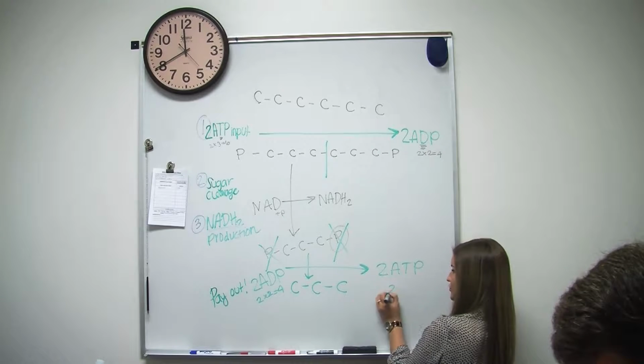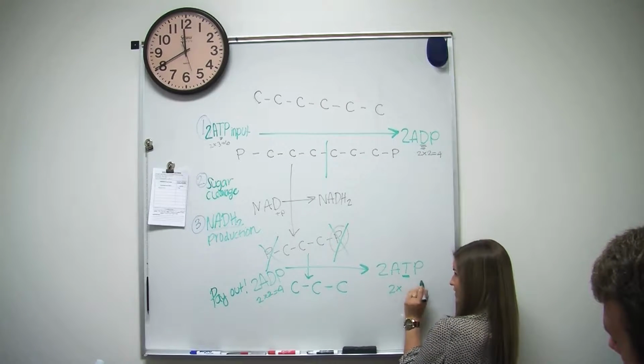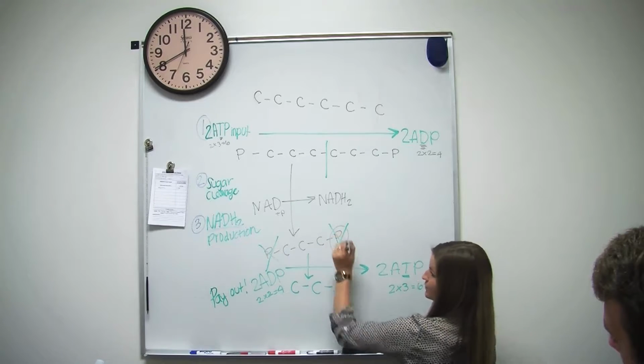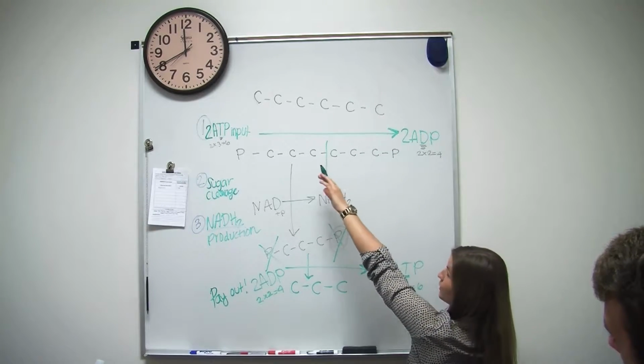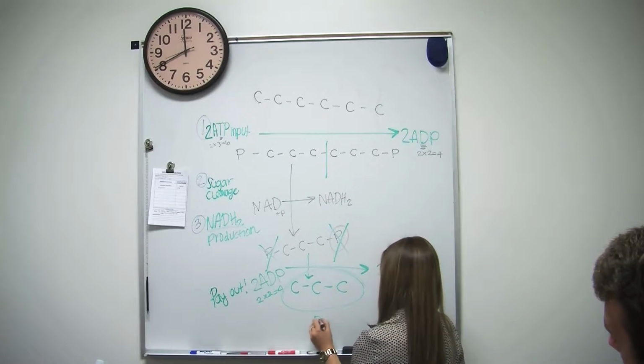And we went over here to 2 times how many? For a triphosphate, 3. Where did we get those 2 from? These 2. Now we went from our 6 carbon molecule called glucose to our 3 carbon molecule called pyruvate.